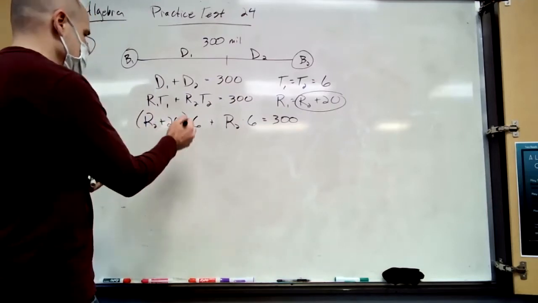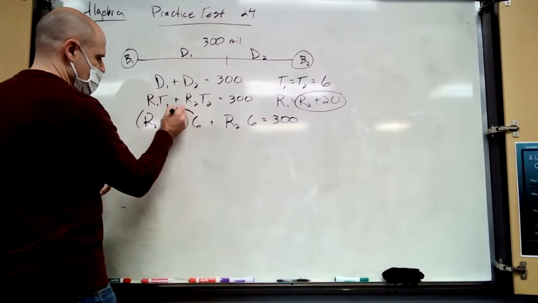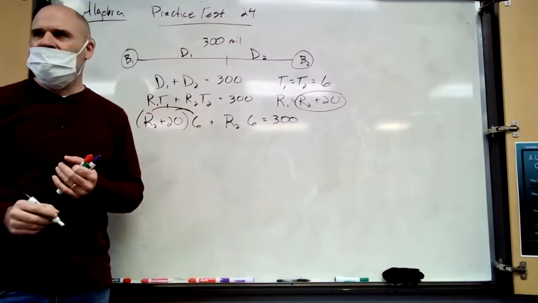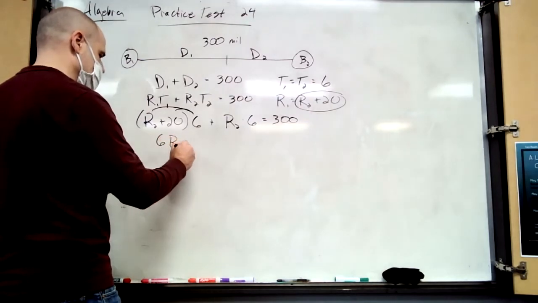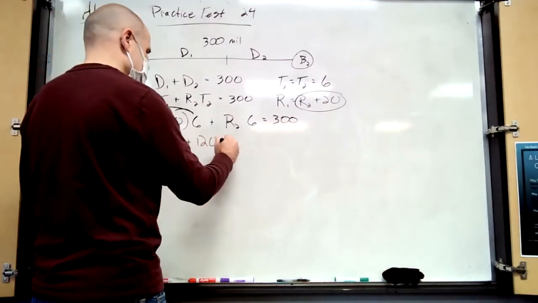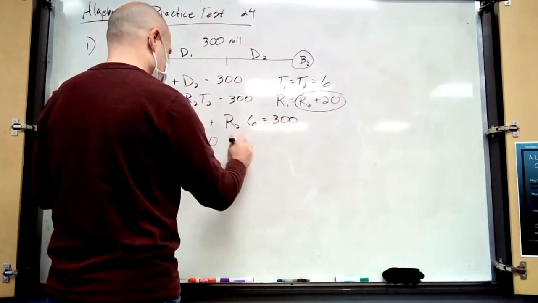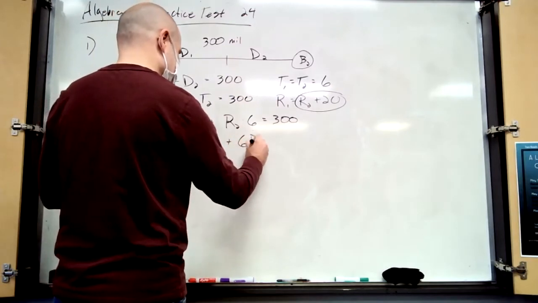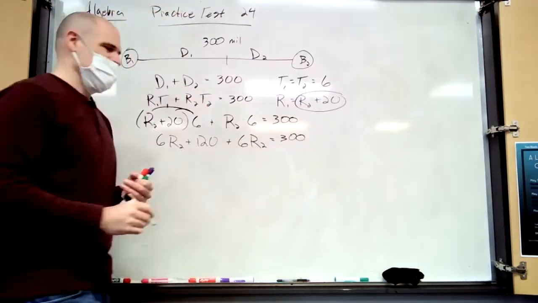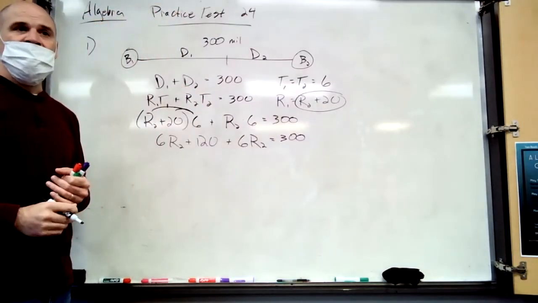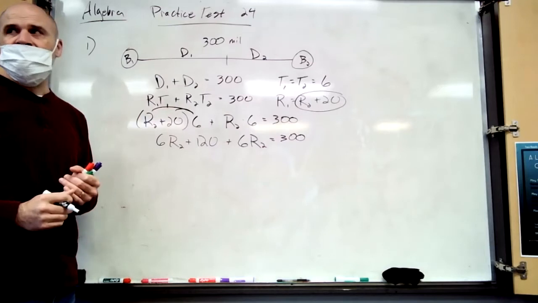I'll distribute backwards here, even though it makes me uncomfortable, that's fine. 6R2 plus 120 plus another 6R2 equals 300. So far, so good. Now I'm just simplifying the equation and solving it.